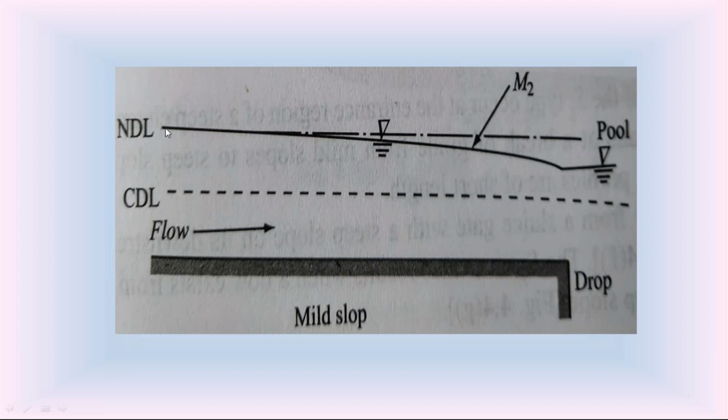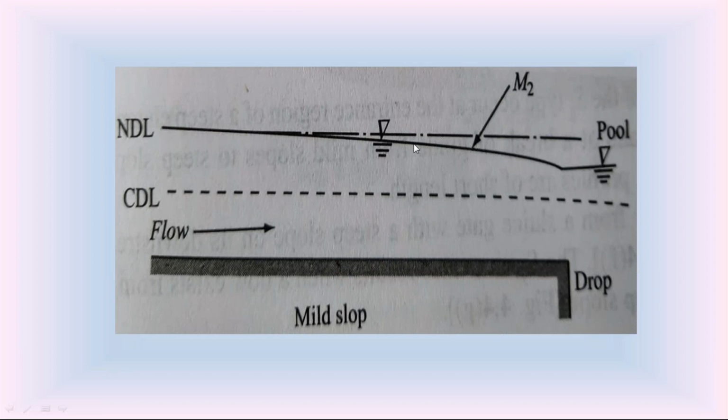At y equal to yn, slope dy by dx is 0. When the slope dy by dx is 0, the M2 water surface profile is either horizontal or it is asymptotic to the normal depth line. That is the upstream side characteristic of the M2 water surface profile.